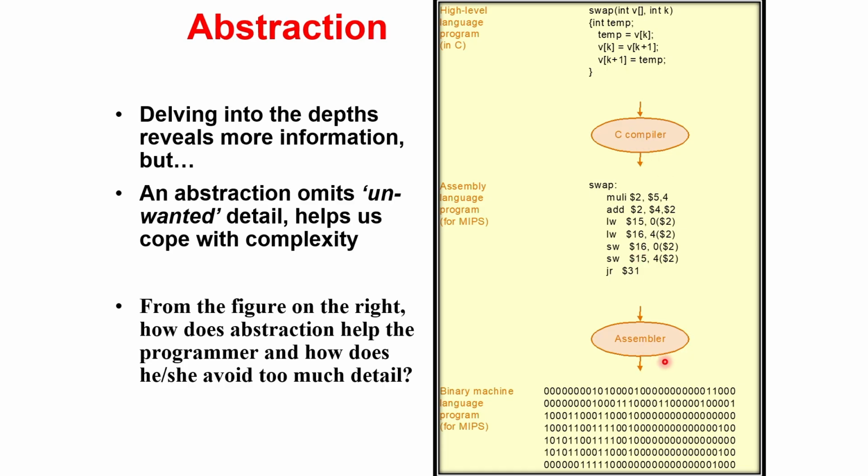This allows the programmer to focus on solving problems and implementing algorithms rather than worrying about how it should be converted to the assembly language or the machine language. So the abstraction layers hide the complexity of the underlying machine instructions, whether for the assembly language or for the machine level code. This is how abstraction helps the programmer.